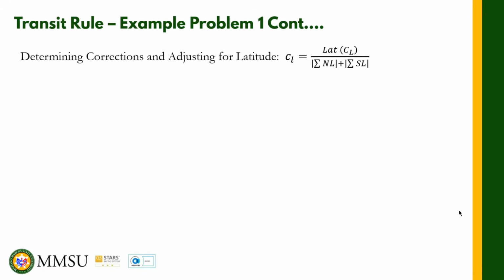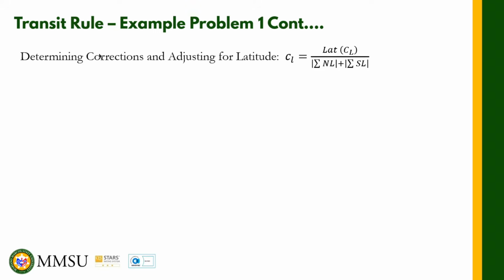Now that we have computed the total closure for latitude and for departure, we can now determine the correction for each latitude, for each course, and then later on we can adjust each latitude. All right, so let us solve for the correction of the first course AB.